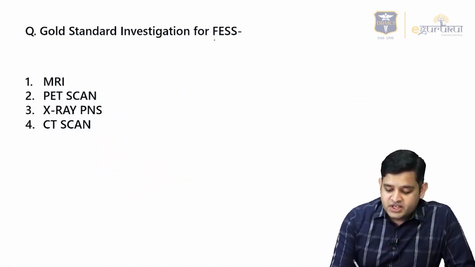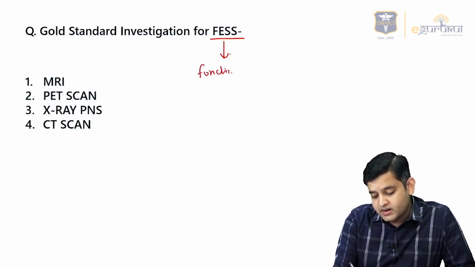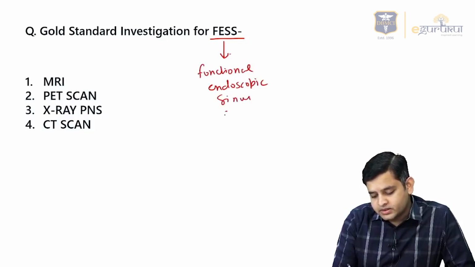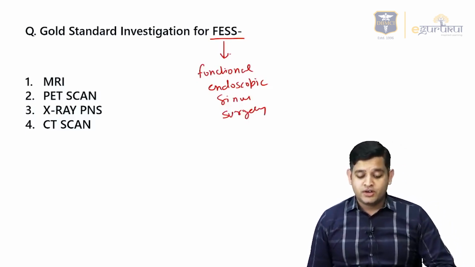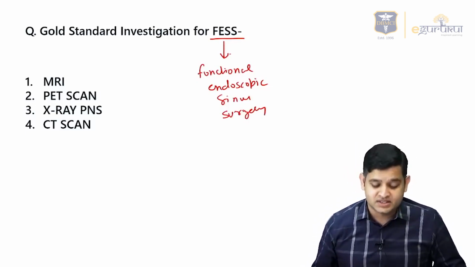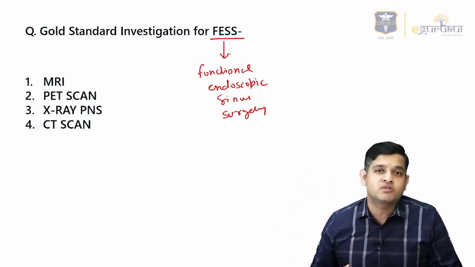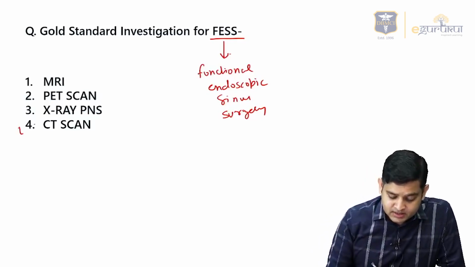Gold standard investigation for FES. You people have read in your ENT what is FES? Functional endoscopic sinus surgery. Now, if you want to do that, you need to see the anatomy of the paranasal sinuses, and we know that the most useful imaging investigation to ascertain the anatomy of the paranasal sinuses is a CT scan.